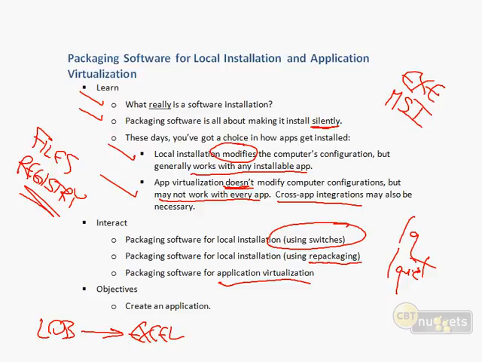The line of business app has to be aware that the Excel app is also virtualized or available on the machine. So a lot of drawing on this screen here, but all this is designed to help you understand that this process isn't easy. And I'm going to show you some of the guiding steps for how applications get packaged among those three different ways. But my goal here is to help you understand, okay, you've got a lot to learn.